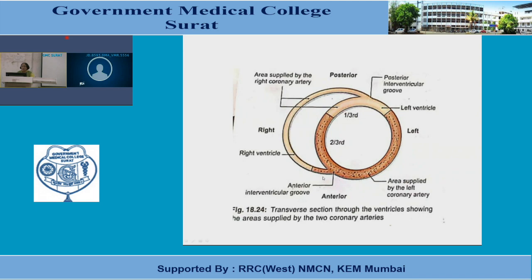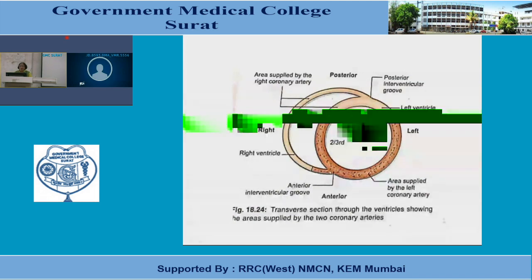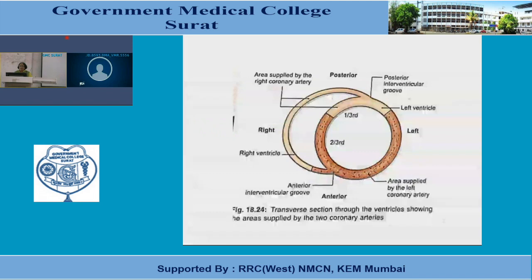except the adjoining part at the anterior interventricular groove, because the dotted dark orange color indicates the area supplied by the left coronary artery. That's why the excluded part near the anterior interventricular groove is supplied by the left coronary artery. So here the anterior 2/3 and the posterior 1/3.